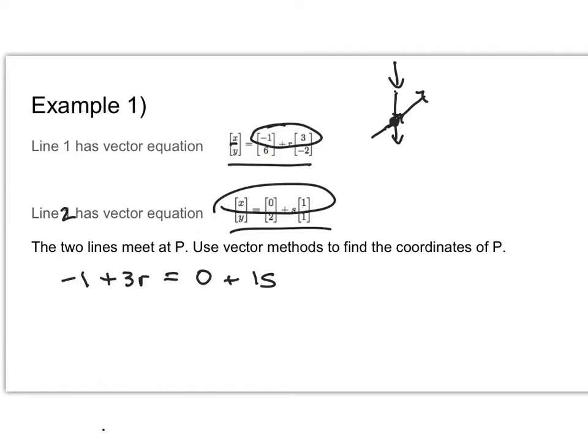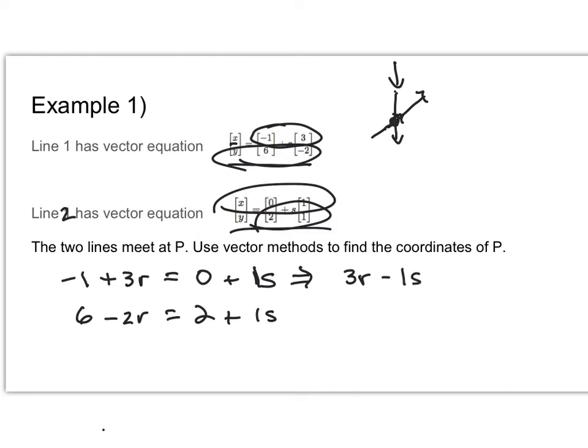And then our y coordinate, 6 minus 2r, down here, is going to be equal to 2 plus 1s from this equation. Okay, so from the first equation, if I rearrange this, I get 3r minus 1s, right?